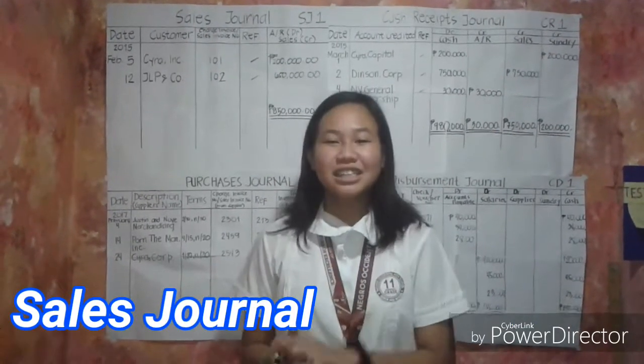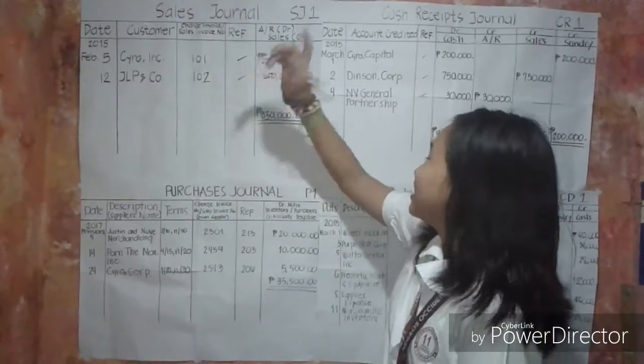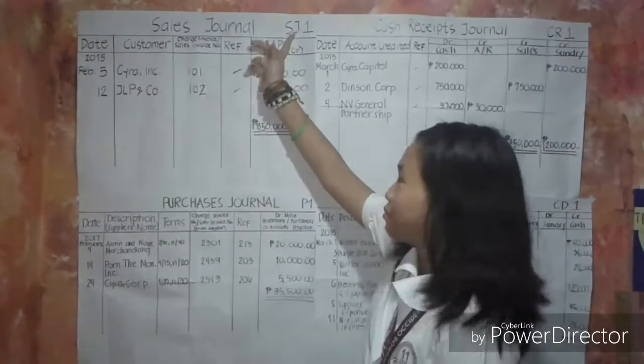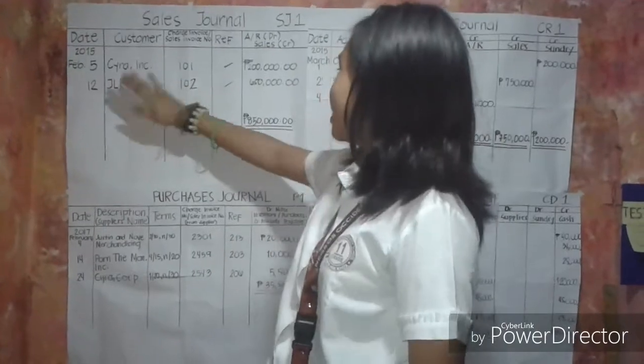First type of special journal is the sales journal. Sales journal is used in journalizing all sales of merchandise on account. This is an example of a sales journal. This indicates the sales journal number. The first column is the date of the transaction, then the customer, the charge invoice or the sales invoice number.